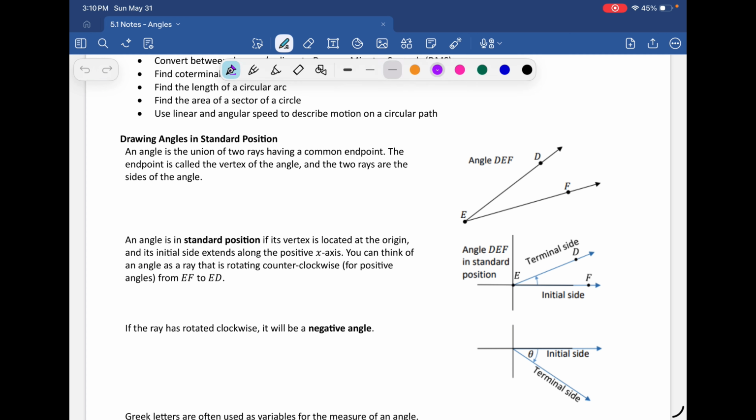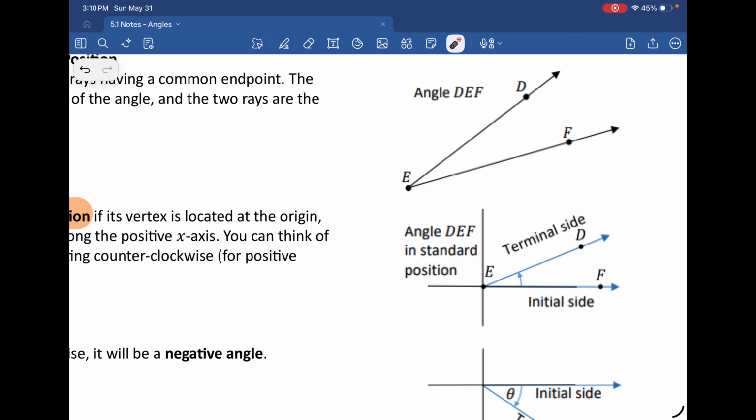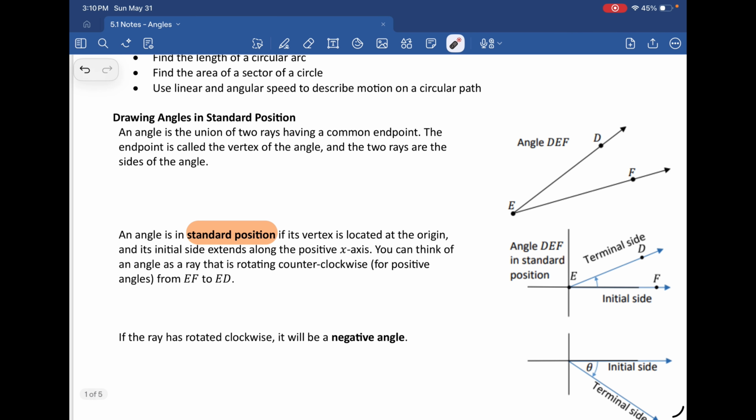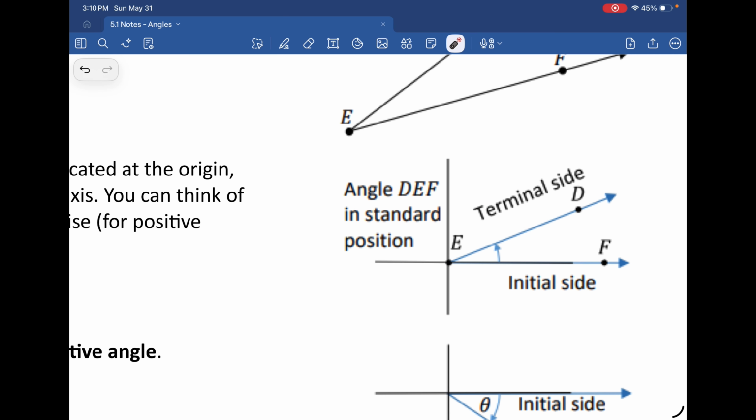An angle in standard position has its vertex located at the origin of a coordinate plane. The initial side, the beginning, is on the positive x-axis.